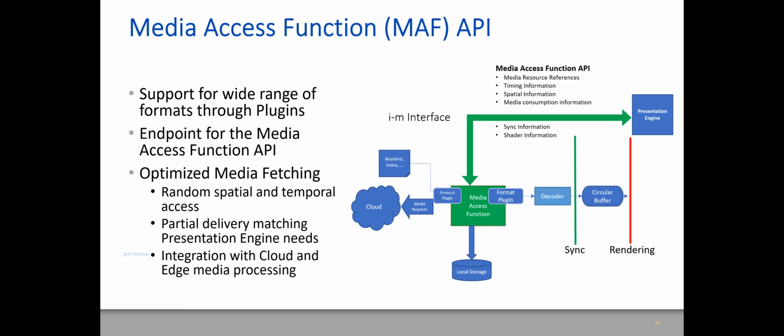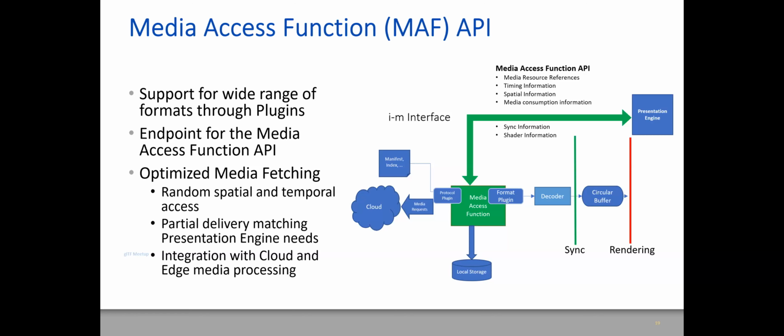So you want, for instance, to adapt if the network conditions change. You also want to adapt the media to the current view of the scene. If a user is located in one room and looking in a certain direction, then maybe the media access function can decide not to fetch parts of the scene that are not visible or not expected to be visible.